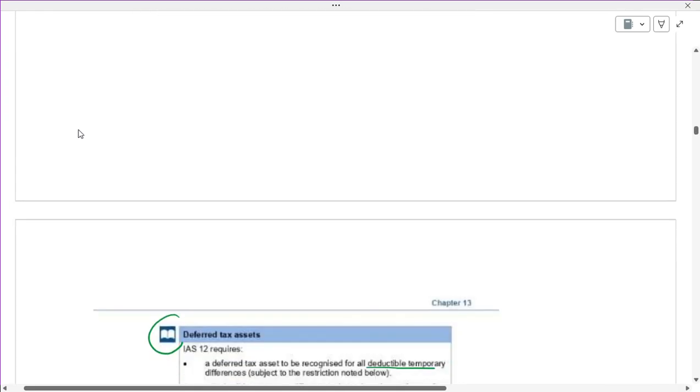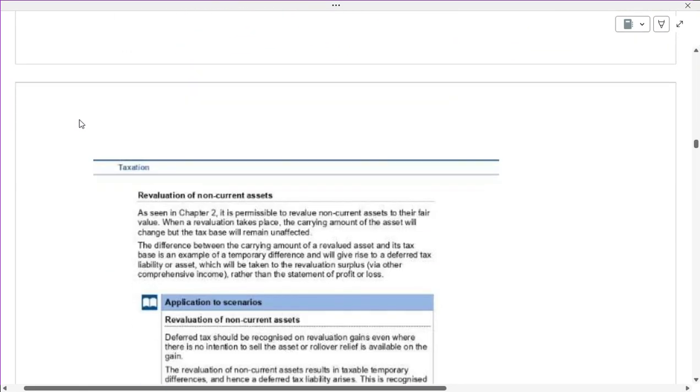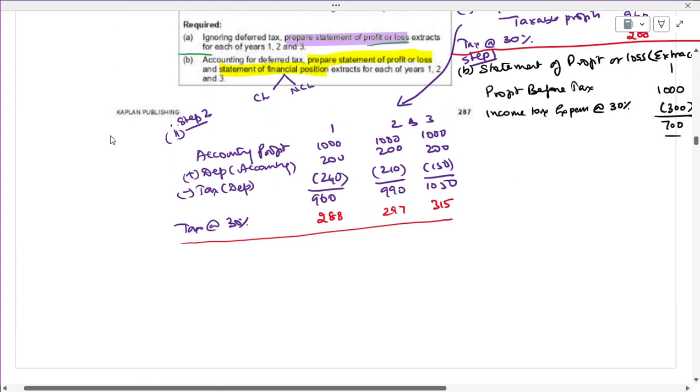Be a little bit careful when you are doing this. One minute.